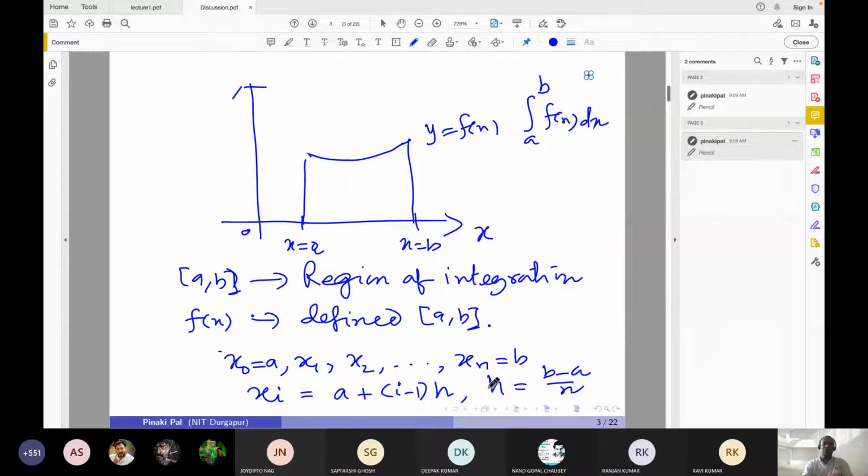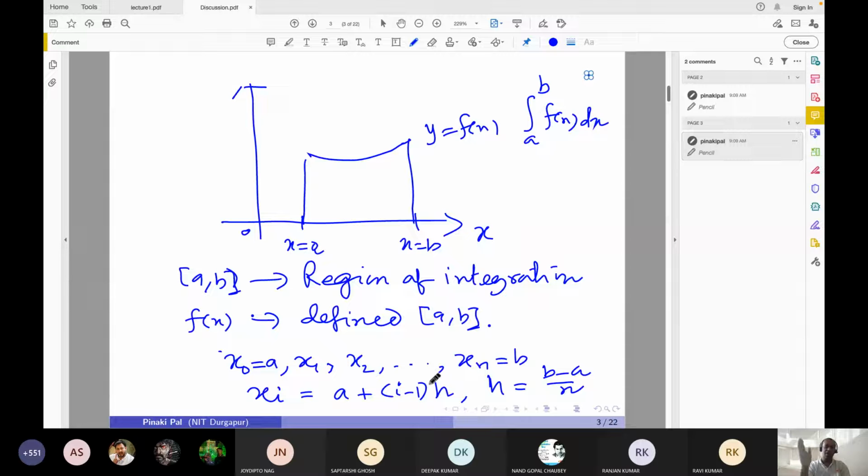First, we divide the region of integration, which is the closed interval AB, into finite parts, by introducing n minus 1 points between the numbers A and B. For simple textbook problems, we take equal intervals.